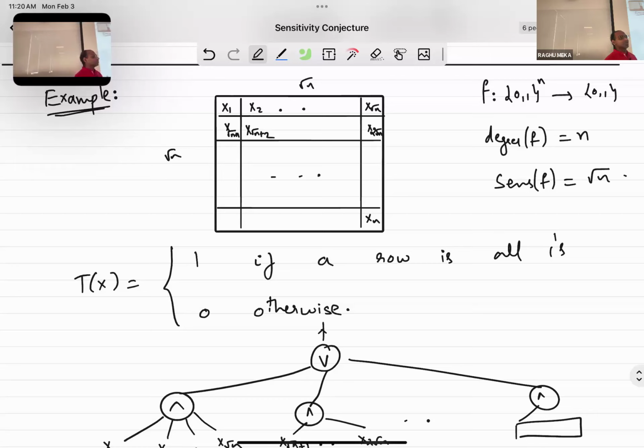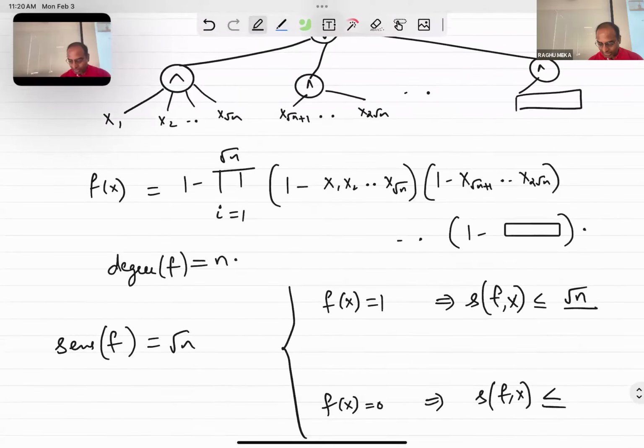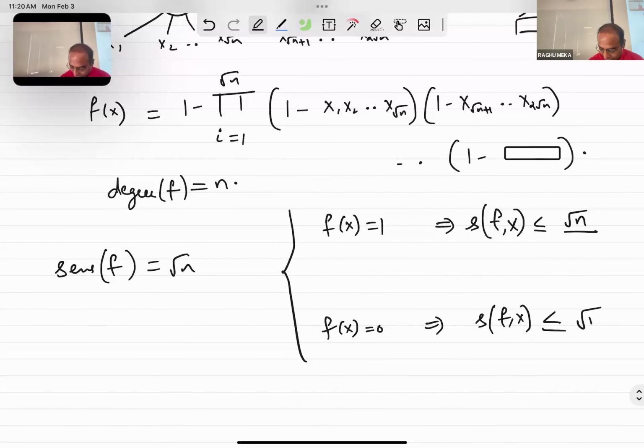You can change at most root n, right? Because every row will have a 0. And because the function evaluated to 0 means that every one of these ANDs was 0. So every row here had a 0. And if you don't flip that, you're not going to change. So you have to flip one of them at least. Okay. So those are the only things that can cause. So it is root n.